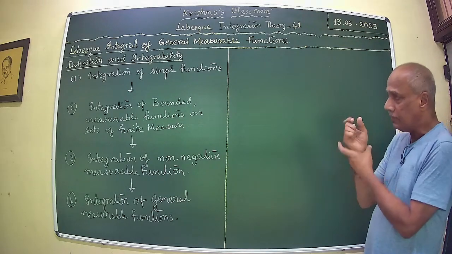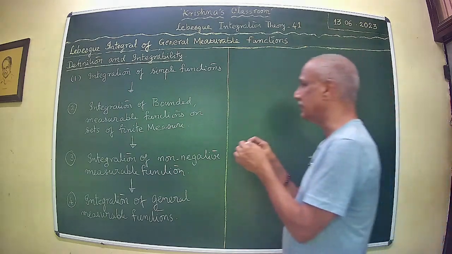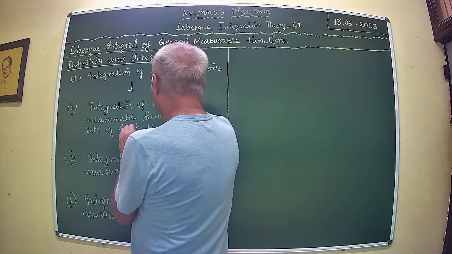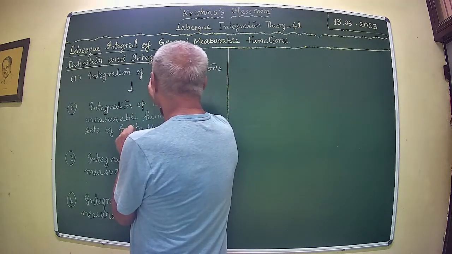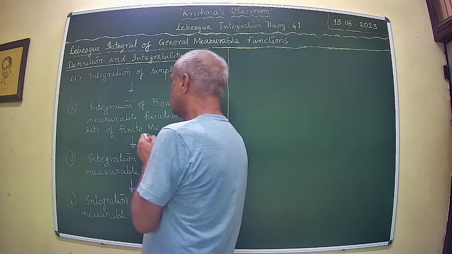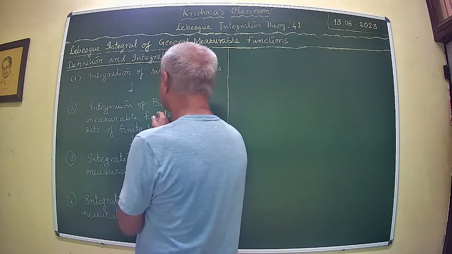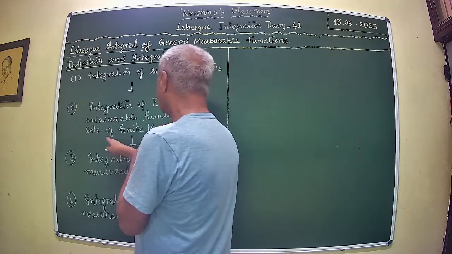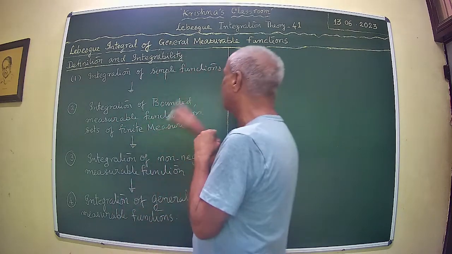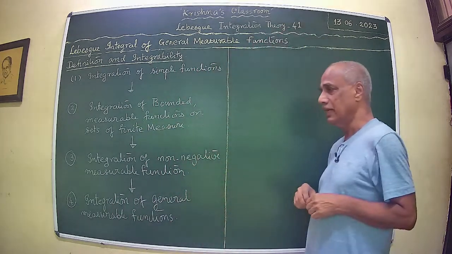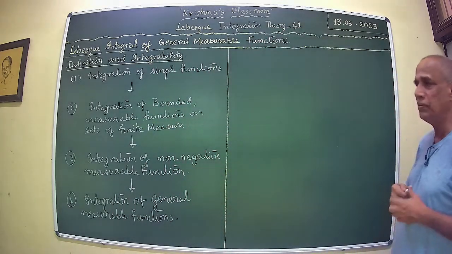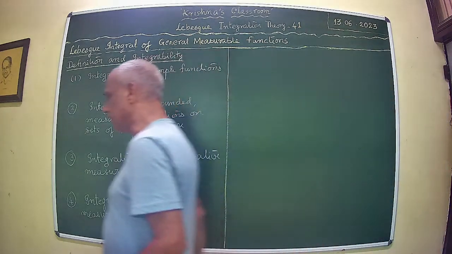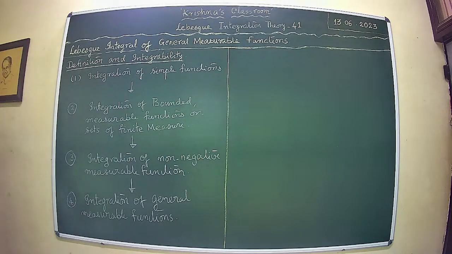In this process you see that we defined integration of simple functions. Then we approximated bounded measurable functions on sets of finite measure by a sequence of simple functions, and then we used the limiting process to define the integral.